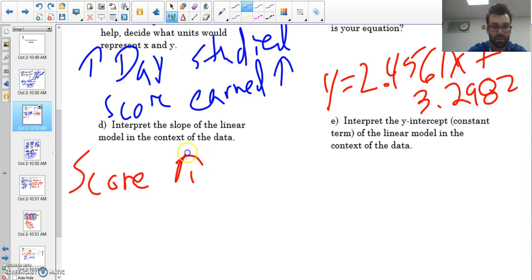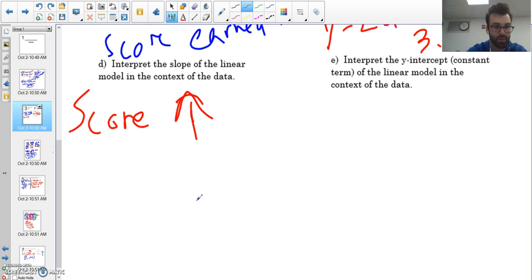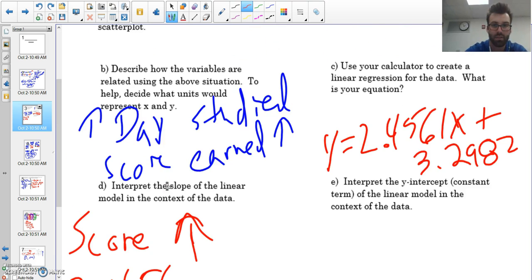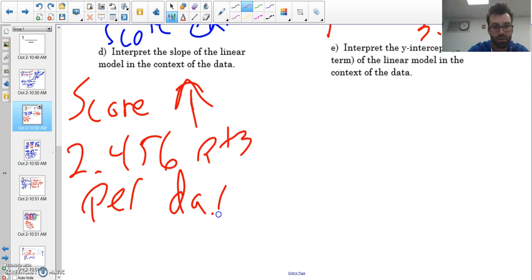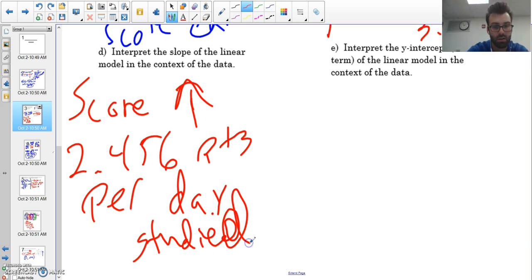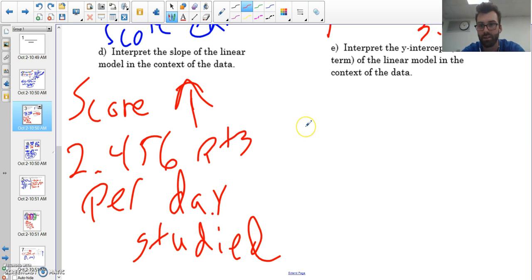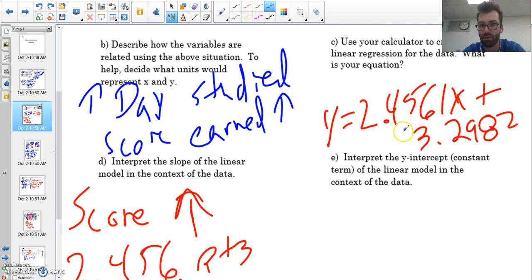The slope is 2.456 points per day studied.